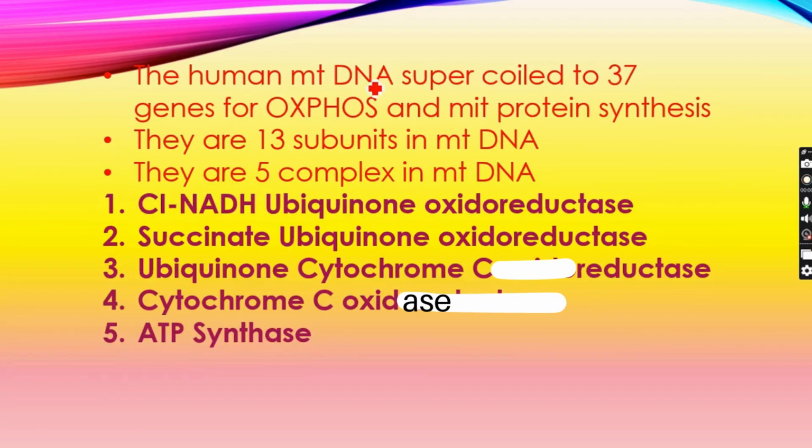So a human mitochondrial DNA is supercoiled, with 37 genes, as we said before, 9 genes and 28 genes. It is going to produce the OXPHOS, which means oxidative phosphorylation. The genes are responsible for the protein complexes of oxidative phosphorylation and for mitochondrial protein synthesis.